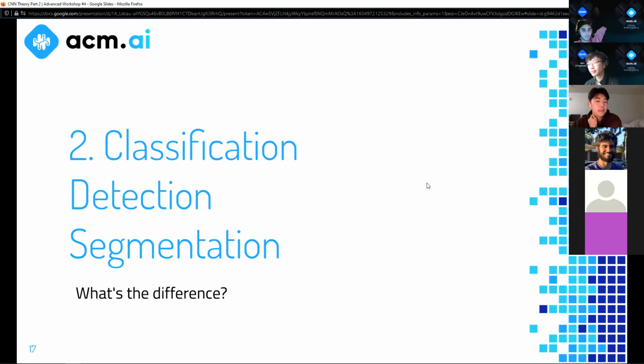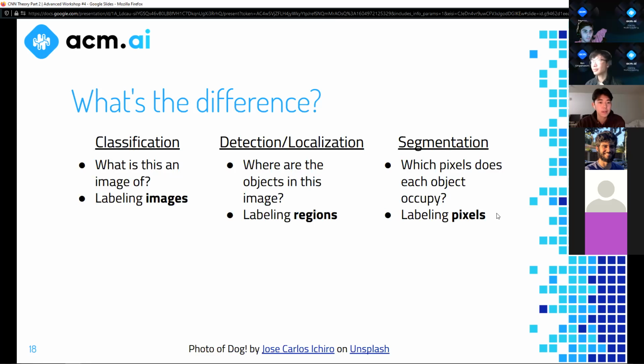Okay. So we're just gonna go into different problem spaces concerning CNNs, what they're most applied toward, and discuss the differences. Classification: we're trying to answer the question, what is this image of? So basically we're trying to label this image.